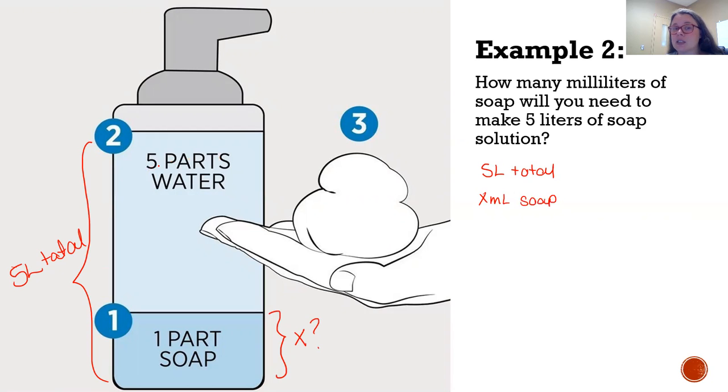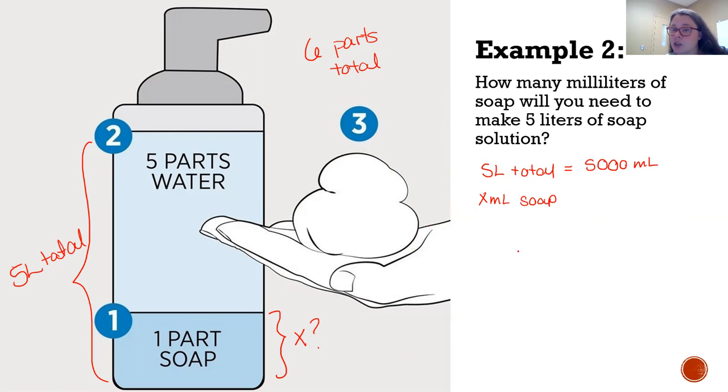Now, it says there's 5 parts of water, 1 part of soap, so there's 6 parts total. And parts all have to be in the same units. So that means this 5 liters needs to be converted to maybe milliliters. So let's say it's 500 mils. 5 times 1,000 gives us 500 mils.